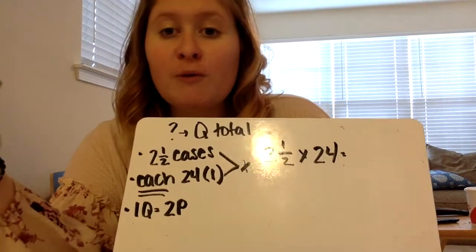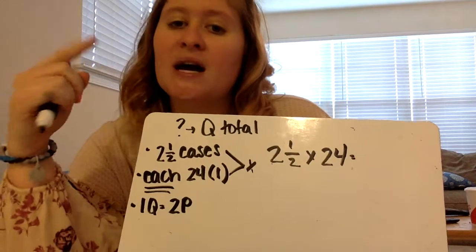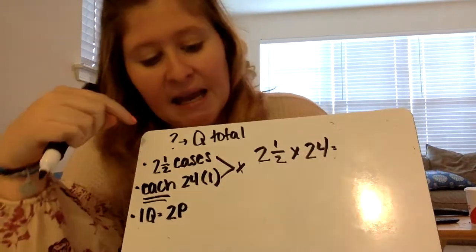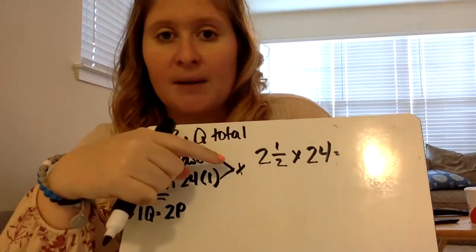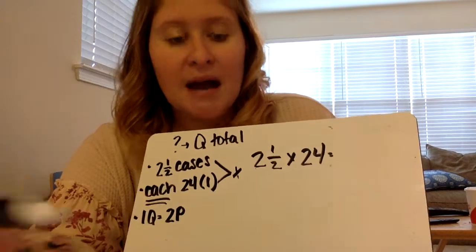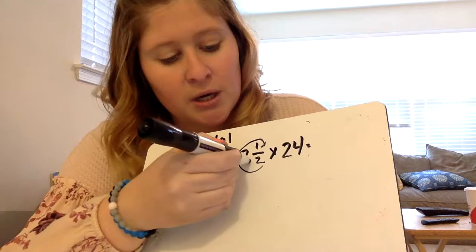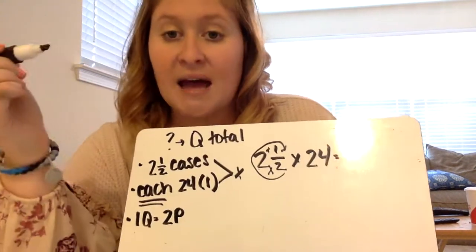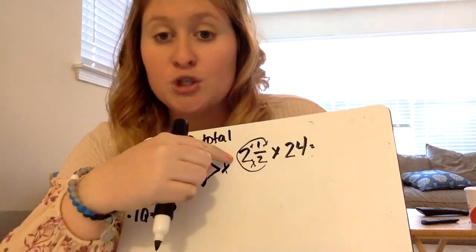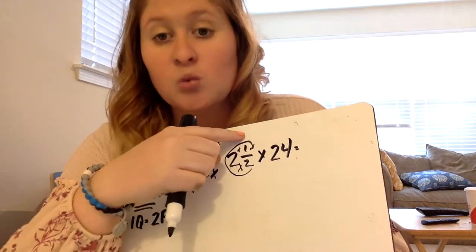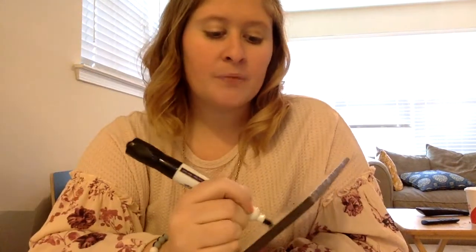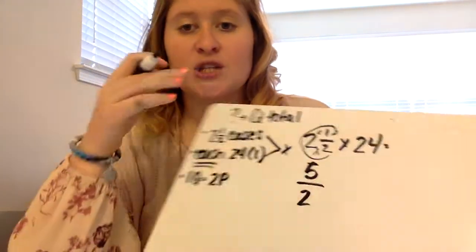times 24 cases. Hopefully you've been paying attention during our do nows and you can kind of remember multiplying fractions. Can I multiply a mixed number when it's set up like this? No, I cannot. So I have to use the big C to turn this around, where we're going to multiply and then add. So 2 times 2 is 4, plus 1 is 5, and my denominator stays 2.